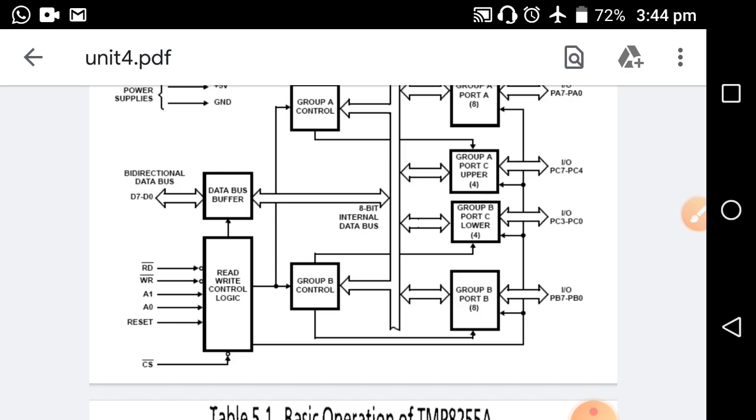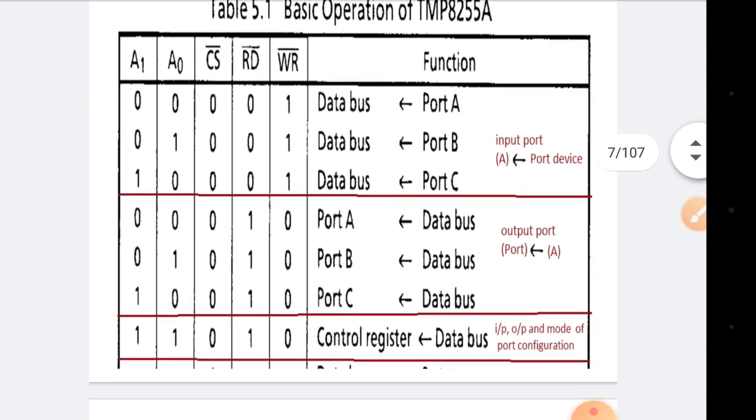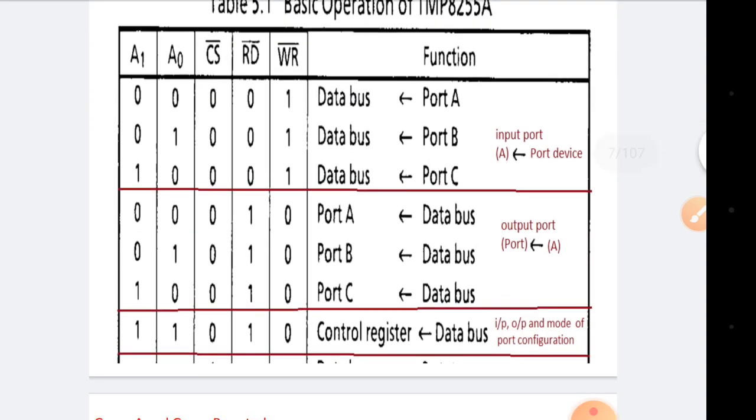Okay, so now here to select the port, A0, A1 are used to select the ports of the 8255 as well as the control word register of the 8255. Okay, so here is some table which is used to select the port.